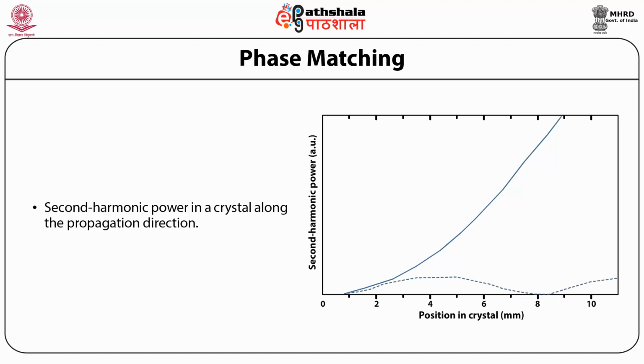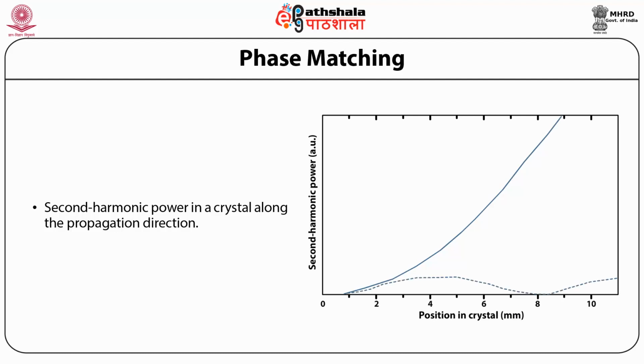The effect on the second harmonic power conversion in a crystal along the propagation direction is demonstrated in figure 2. Here, the solid curve is observed during phase matching, which indicates growth of power proportional to the square of the propagation distance.